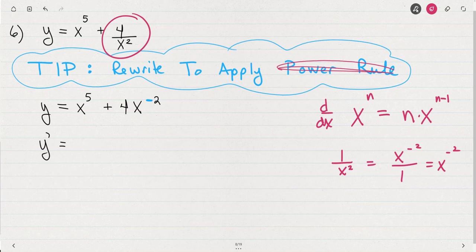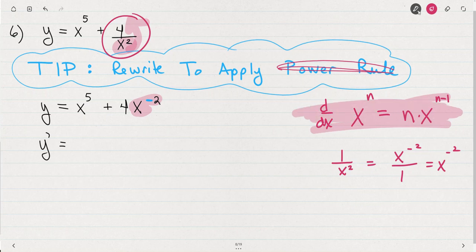So I'm bringing this x squared up to the numerator, and when it moves up to the numerator, the exponent becomes the opposite, so in this case negative. Next, I'm simply going to apply this power rule for derivatives.